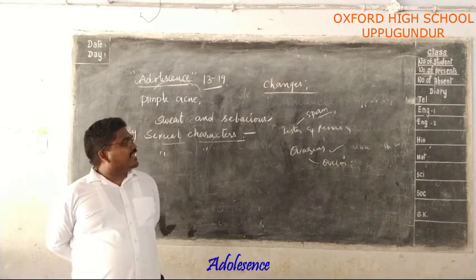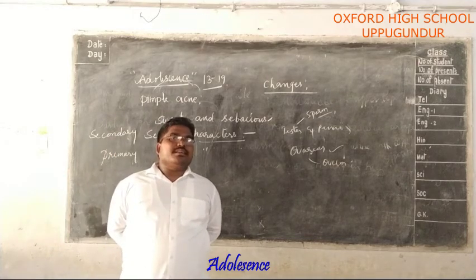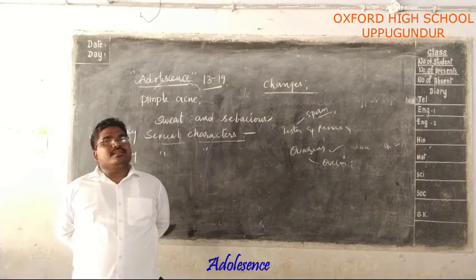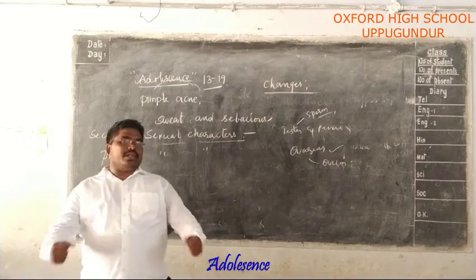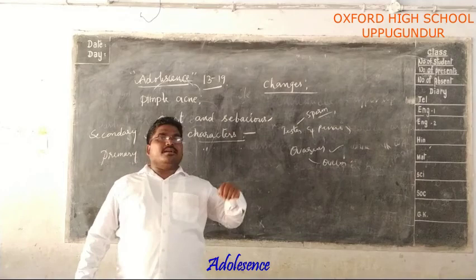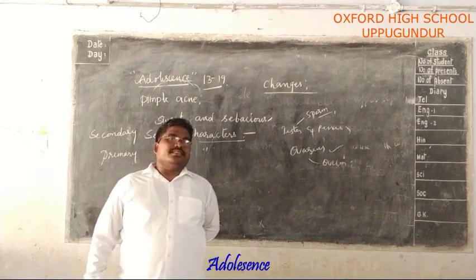Because of these characters, we can notice that they are growing and increasing in height. Facial hairs are growing, shoulders are broader and chest wider, and they are growing faster in this stage.